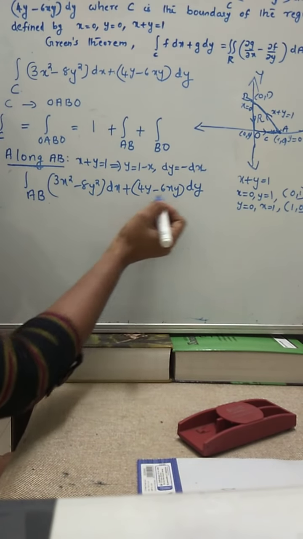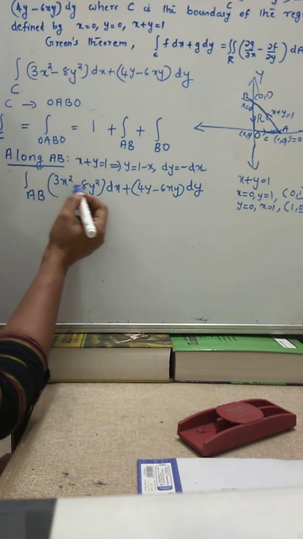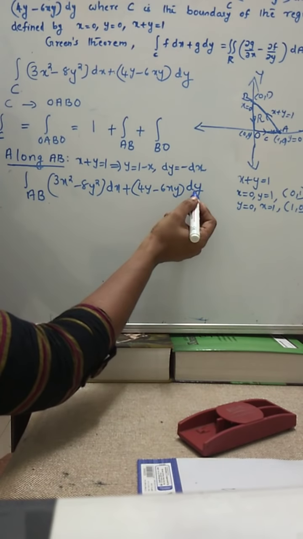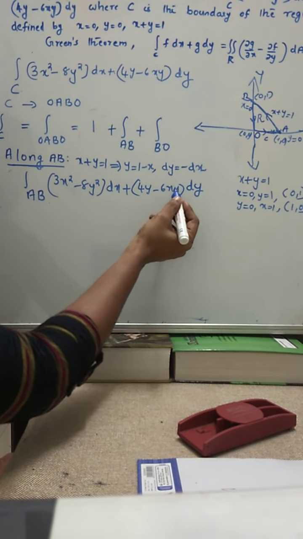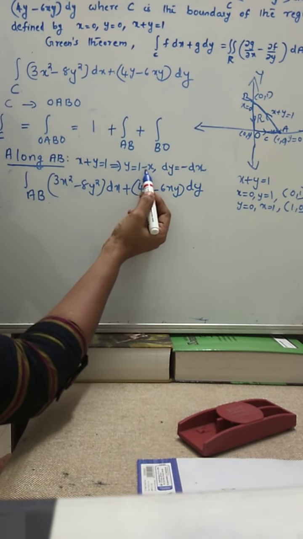Whenever you have to evaluate a line integral which involves more than one variable, either we use the parametric form or we convert all the variables into a single variable. So here we replace y as 1 − x.